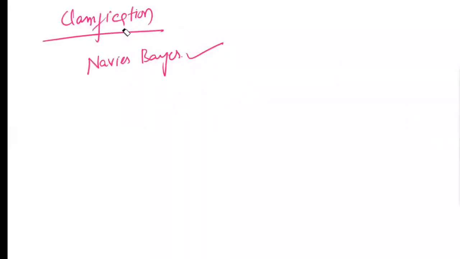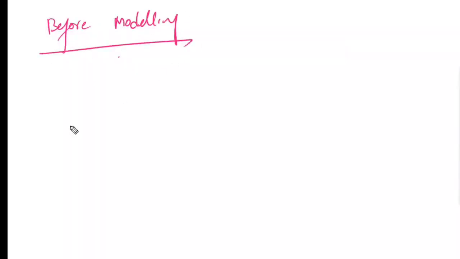Now, before moving to classification and applying the Naive Bayes algorithm, before modeling, what do we have to do? For example, with any structured data, before modeling we have to do data pre-processing. Once we have cleaned the data, only then are we going to apply the model.